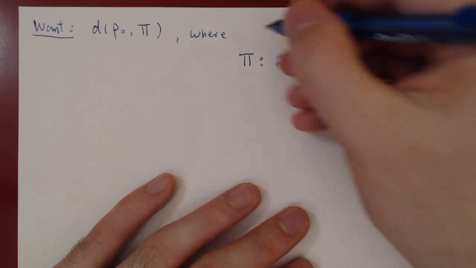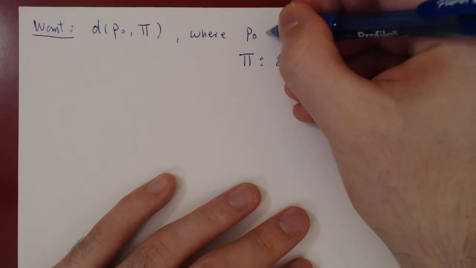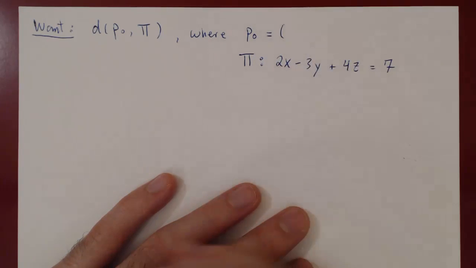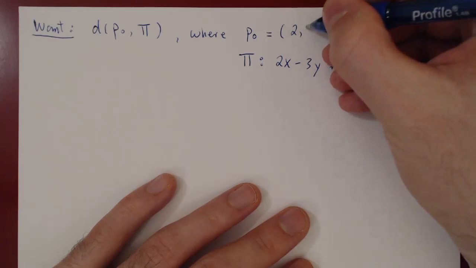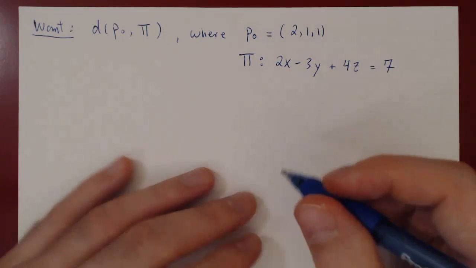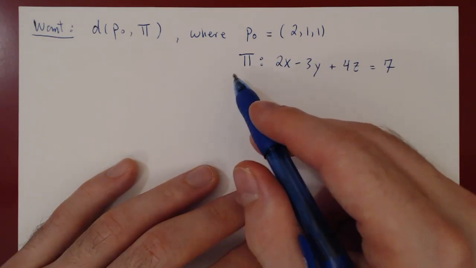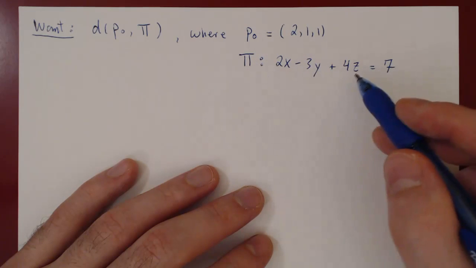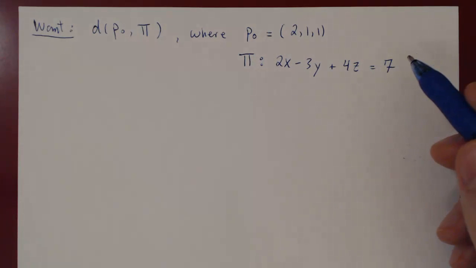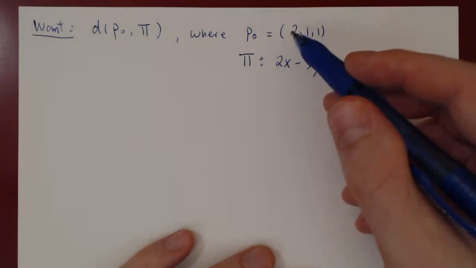And let's take the point P naught with coordinates 2, 1, 1. So we have this point P naught in space. We have the equation of the plane pi given by 2x plus negative 3y plus 4z equals 7. And we want the distance between these two objects.